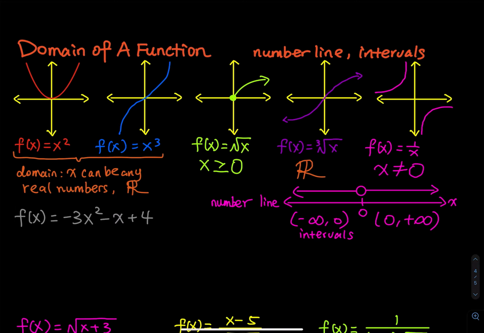How about the square root function? The square root function is increasing. So for this one, there is a restriction. Square root of positive is defined, right? Square root of 4, 9, 10, a million, 6,000, they are all defined. The square root of 0 is also defined, but square root of negative is undefined.